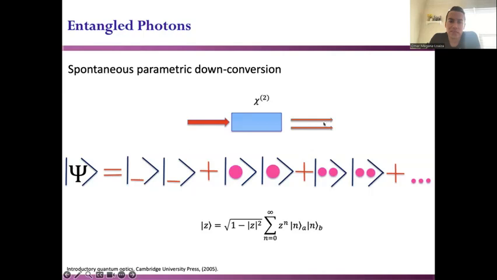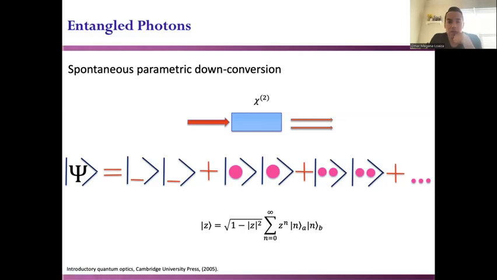In general, this state is described as a two-mode squeezed vacuum state, and it's called that because most of the time you have a vacuum state, like here. You have a correlated vacuum, but then if you hit this crystal very hard, you can have one photon here and one photon here, or two photons here and two photons here, and that's mathematically described by this state.